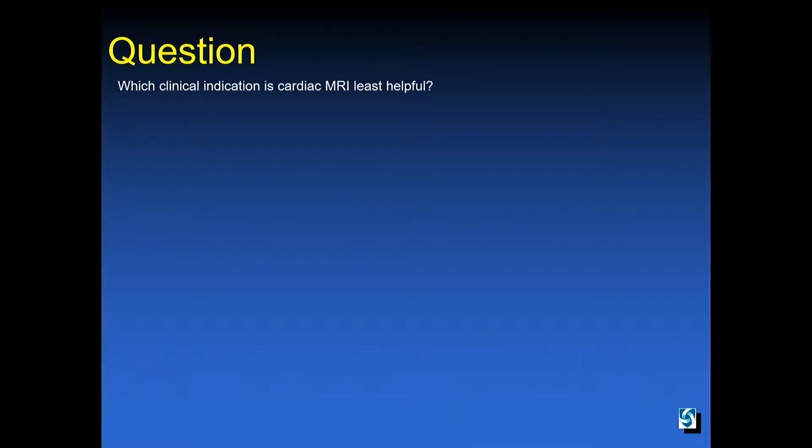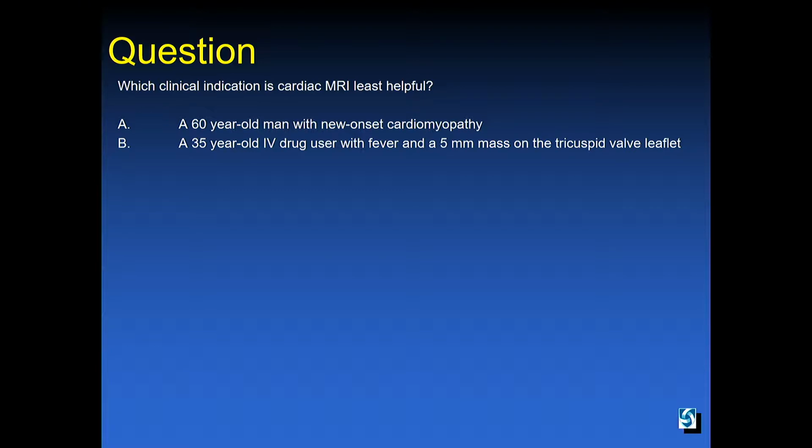Another question: in which clinical indication is cardiac MRI least helpful? These are going into the clinical applications now. A, a 60-year-old man with new onset cardiomyopathy. B, a 35-year-old IV drug user with fever and a 5 millimeter mass on a tricuspid valve. C, a 50-year-old female in atrial fibrillation with suspected pericardial constriction.